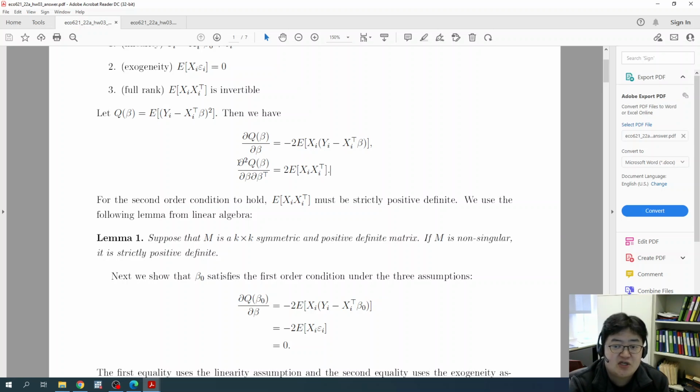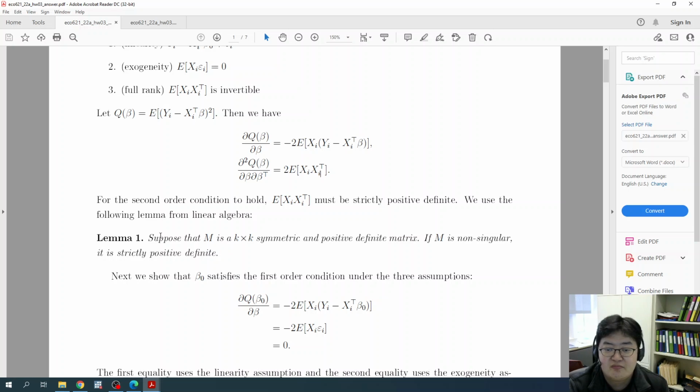Let me check the second order condition first, which is pretty simple. We do not have beta anymore, and what we need to show is that this matrix is strictly positive definite, and it follows from a lemma in linear algebra.